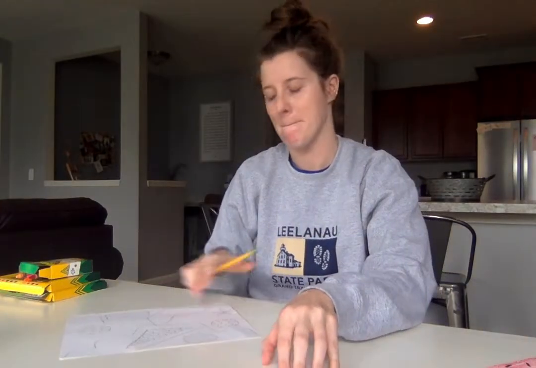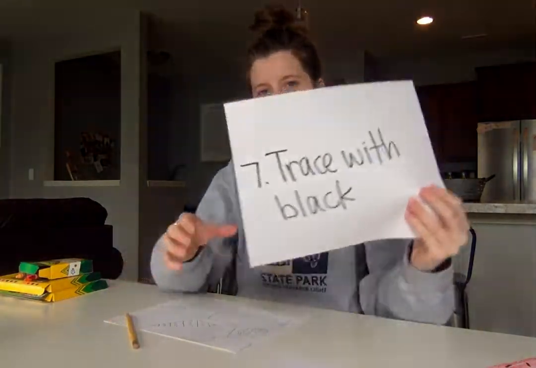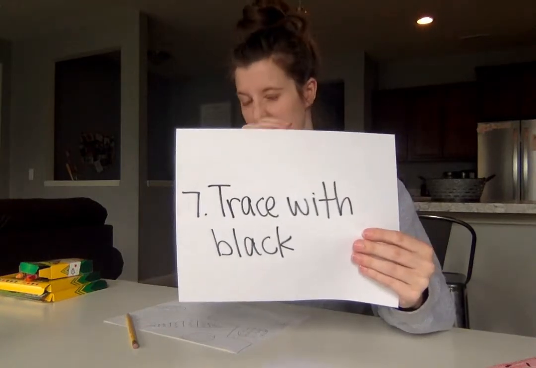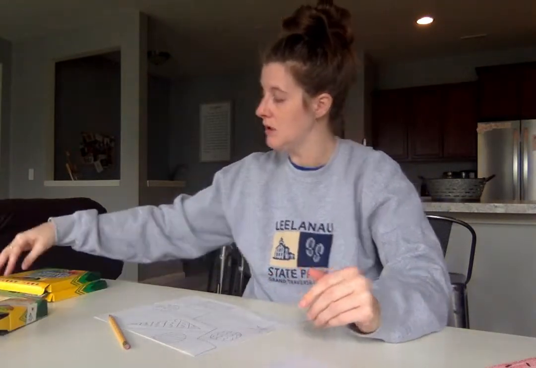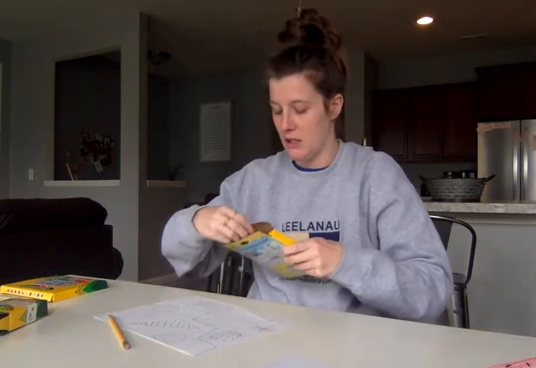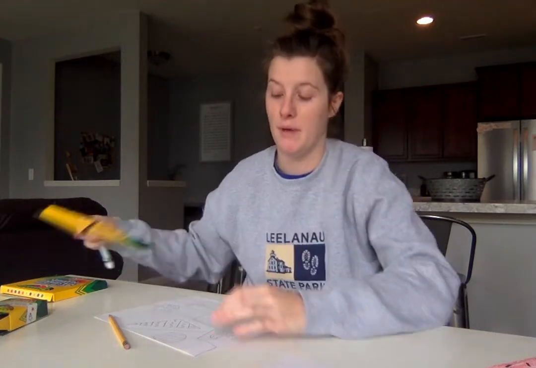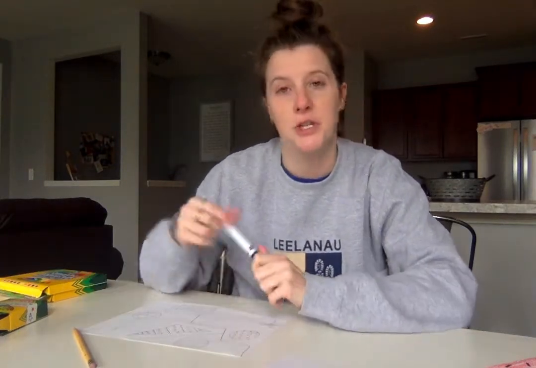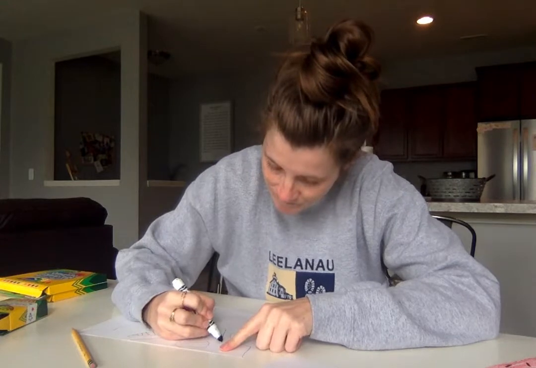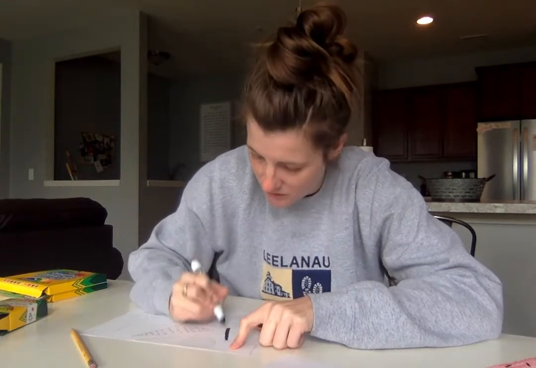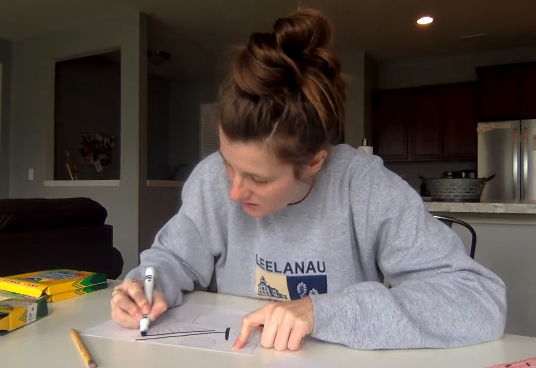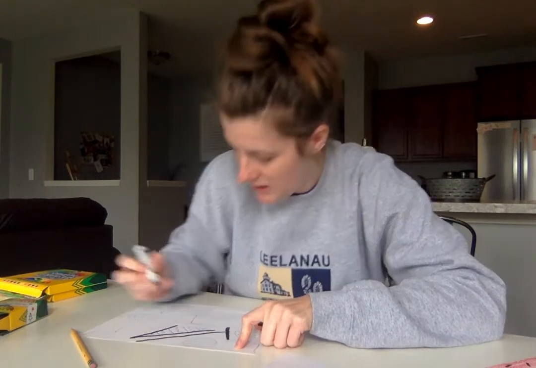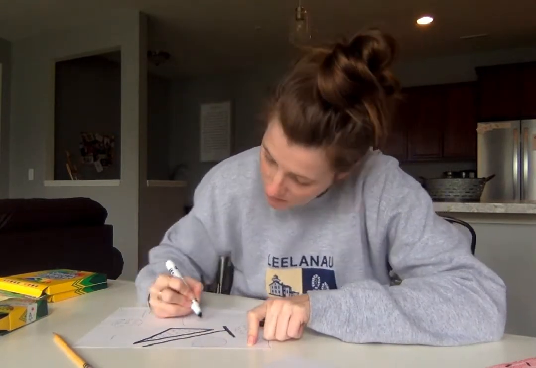Step number 7, trace with black. You can use a black marker, you can use a black crayon, you can use a black colored pencil. I have a marker here handy, so I'm going to trace mine with a black marker. What you choose to trace your picture with is totally up to you. But we do a lot of black marker tracing at school on our projects. So I'm going to use the black marker.